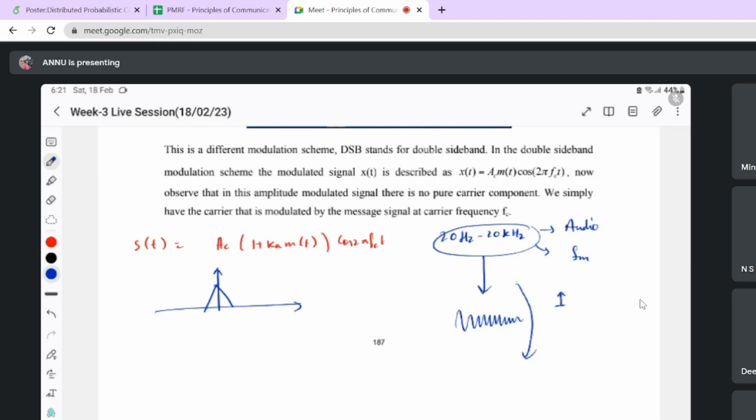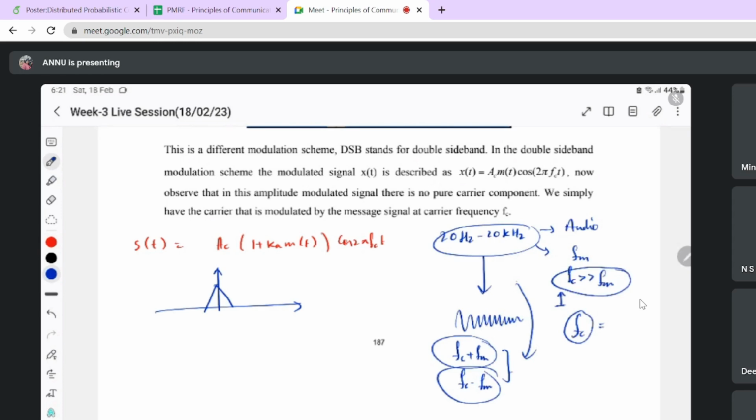For example, in frequency modulation, we will have frequencies fc plus fm and fc minus fm, and the amplitude will be the same. Later you will study frequency modulation. So frequency fc will be different, and it should be much greater than fm, so that we have the process of modulation.